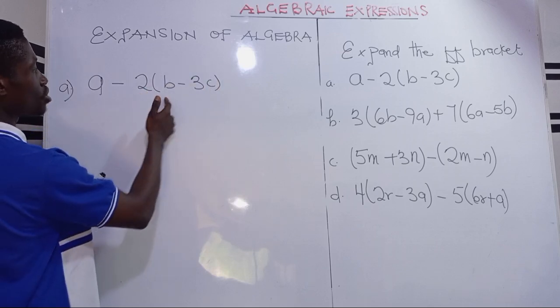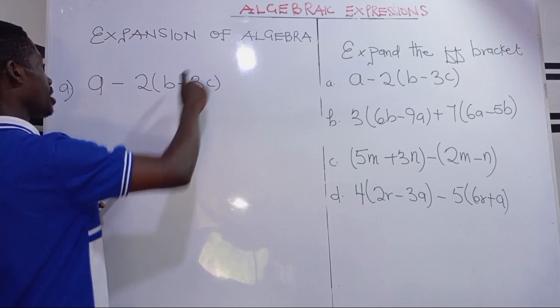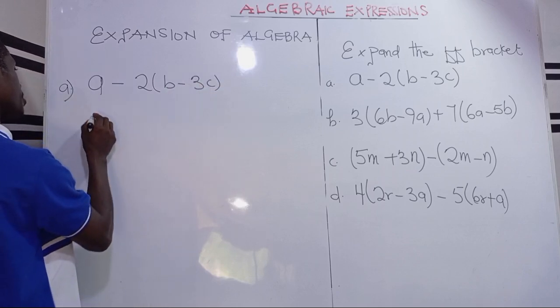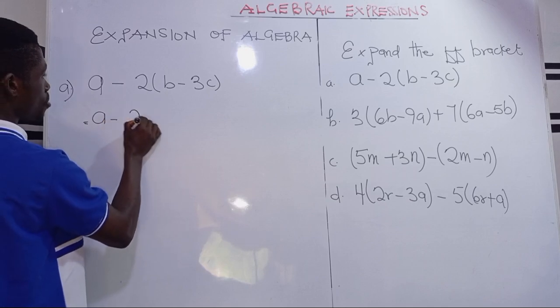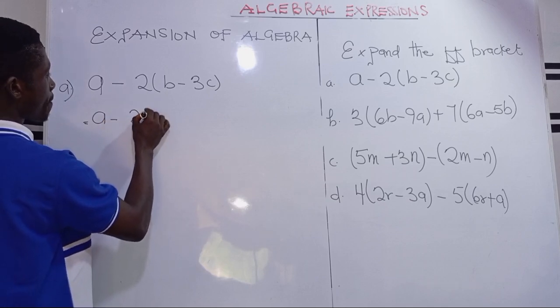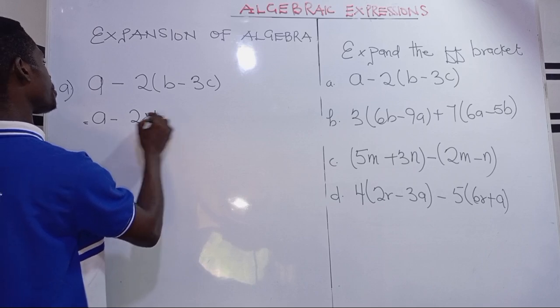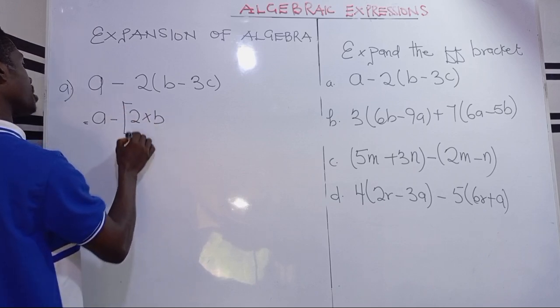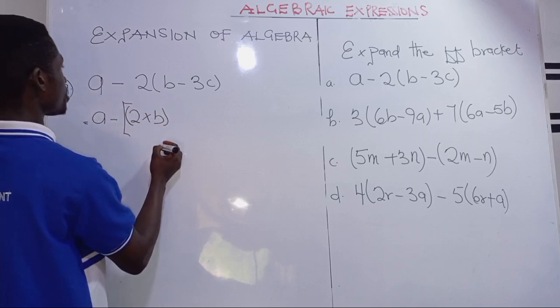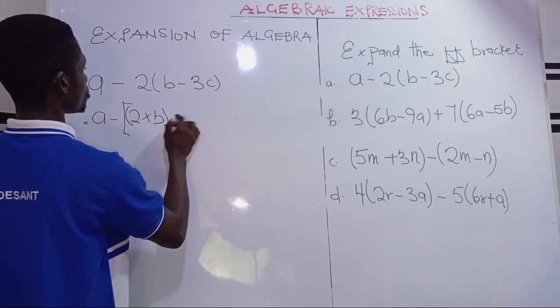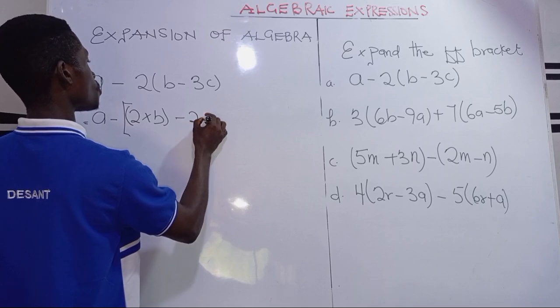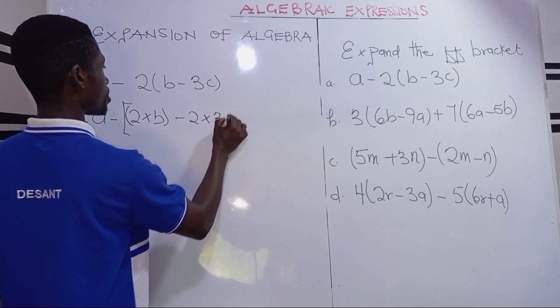So we are having A minus 2 times B. Let me make some big brackets so that I'll do it like this. Then we have minus 2 times what? 3C.